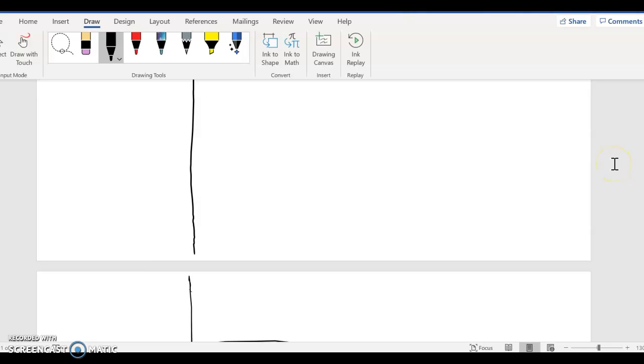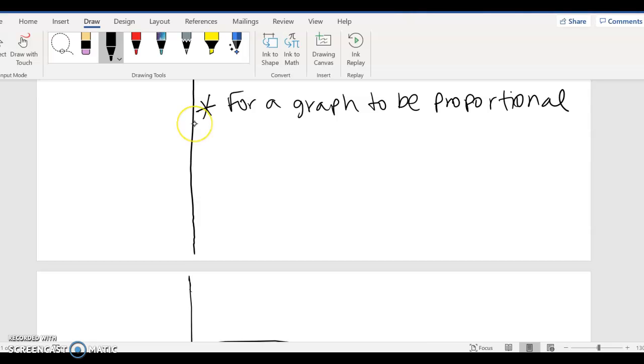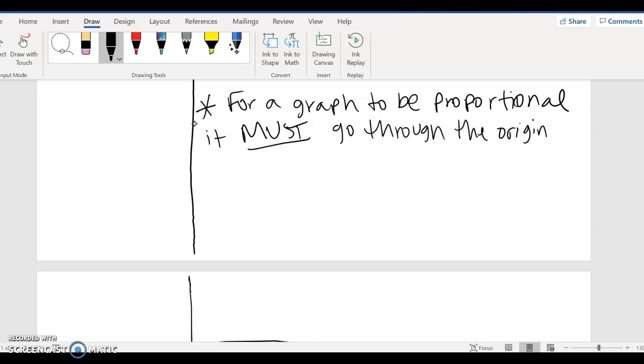So talking about proportionality on a graph, one thing that you need to know, okay, for a graph to be proportional, it must go through the origin, which is the point 0, 0. You should have already learned about the origin previously.